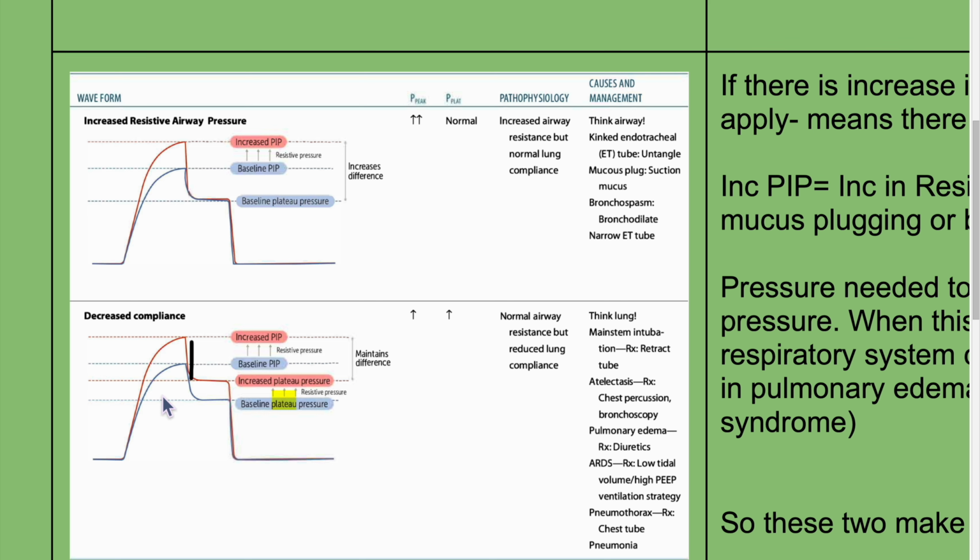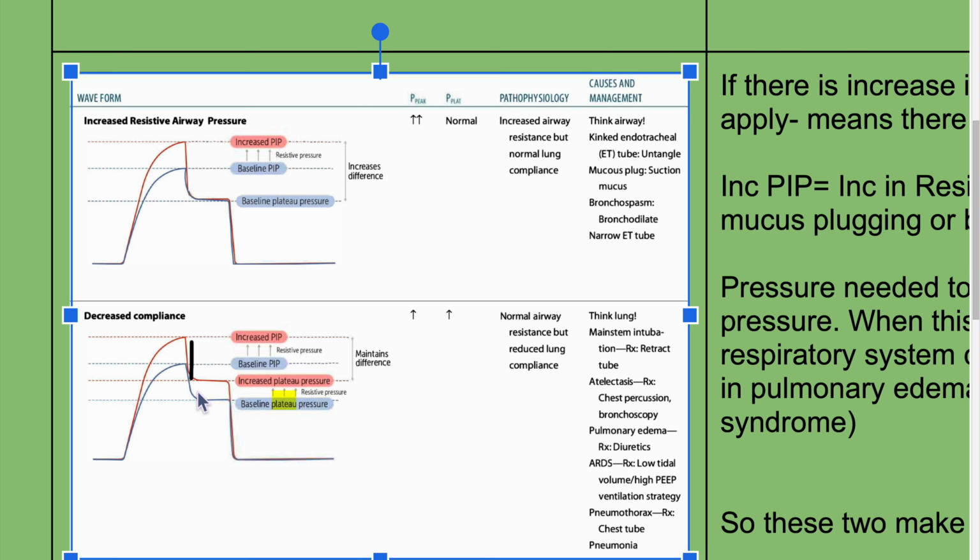There is decreased compliance, so you have to overcome that, which is why you're applying more pressure during inspiration. So there's an increase in PIP, and this is the increase in plateau. The resistive pressure here maintains the difference, so the black line is the same from here to here.